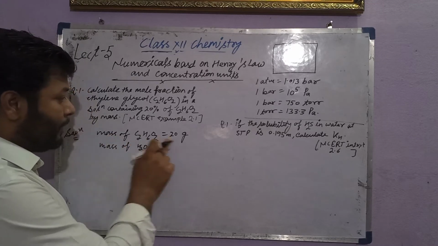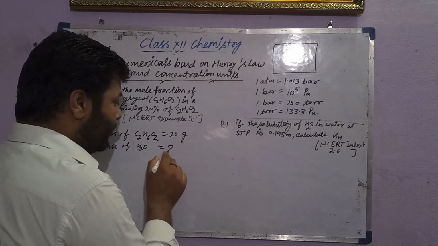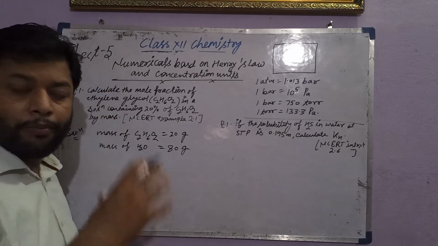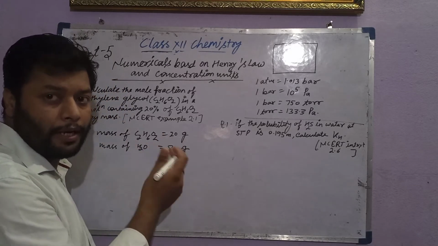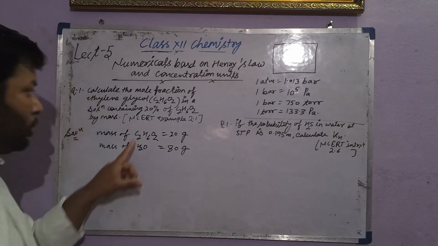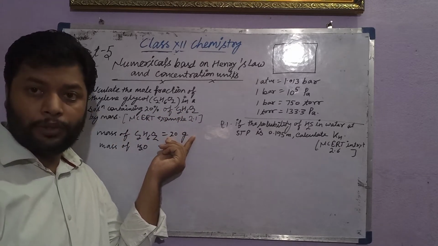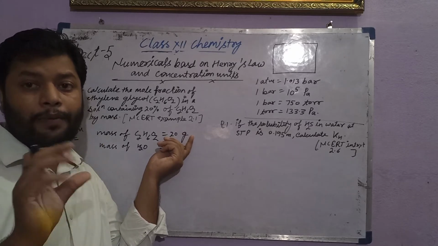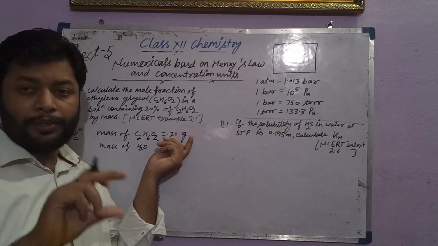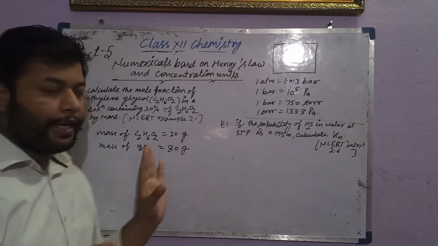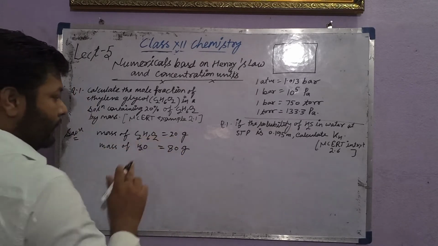So if the solute is 20 grams, water must be 80 gram, because together they will be 100 gram. So 20% by mass means 20 gram of solute in 100 gram of solution. So if the solution is 100 gram, solute is 20 gram, then solvent will be 80 gram. So that is the easy thing.